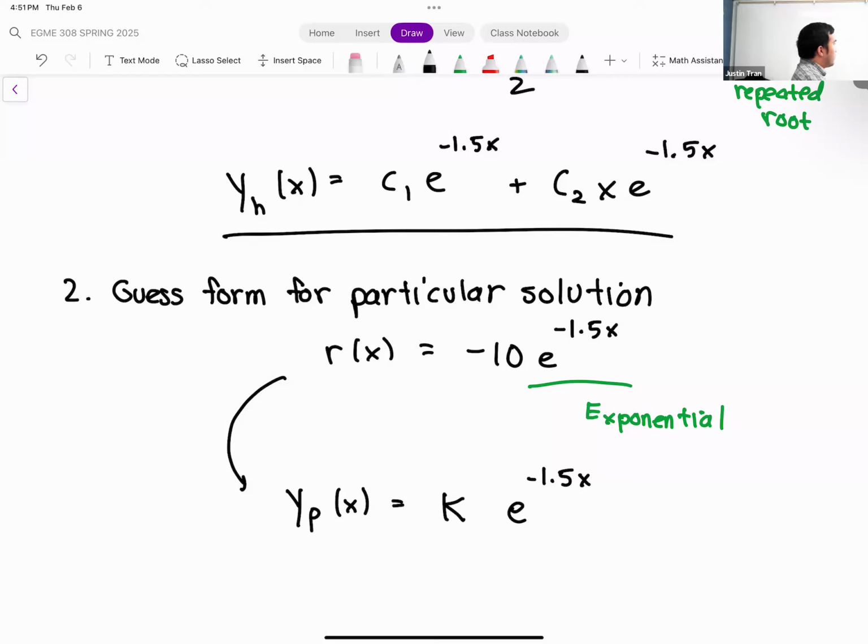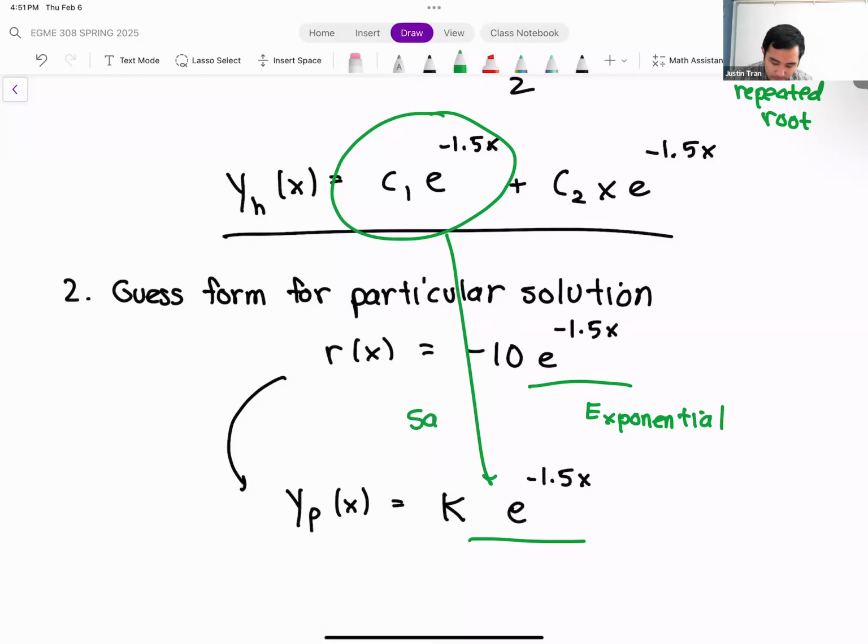But we have a problem here, right? If we look at the form of our guess for y p, it's an exponential function with an exponent of minus 1.5x. If we look at our homogeneous solution, there's an exponential term with the exact same exponent, right?